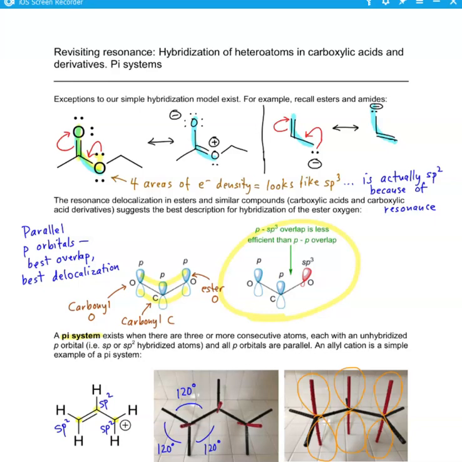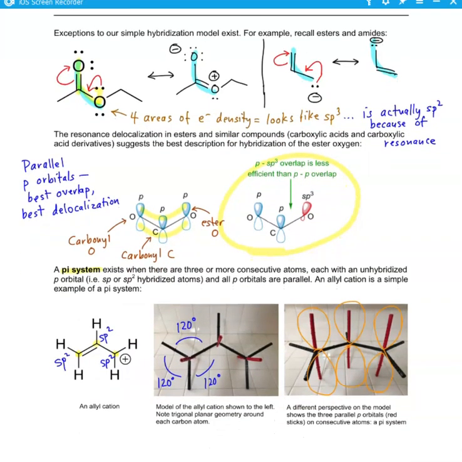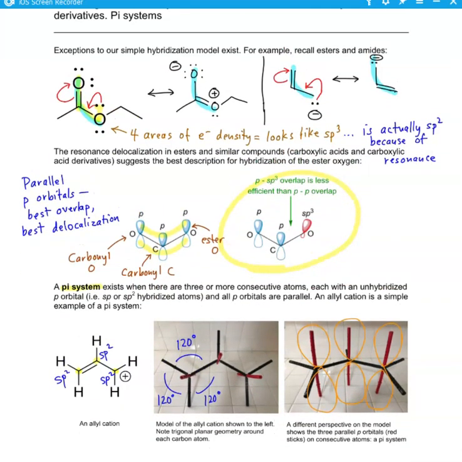Now, the vast majority of the cases that you're going to see will be sp2 hybridized. So that's what you have to look out for. Okay, so the actual best label for the hybridization of the ester oxygen would be sp2.